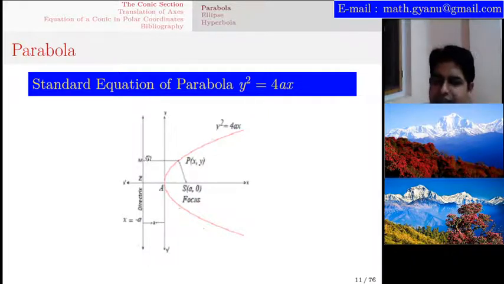For the ordinate, the second coordinate, P and M are at equal distance from the x-axis. So the ordinate of M will be the same as the ordinate of P. So the distance of PM will be the square root of (x + a) whole squared.